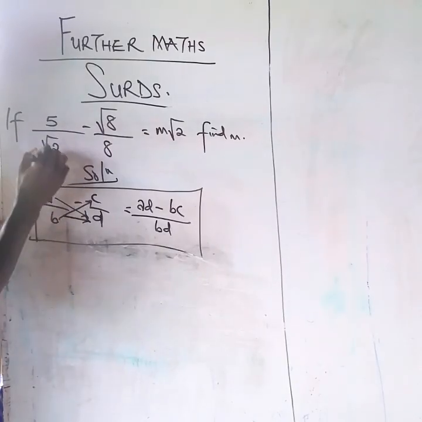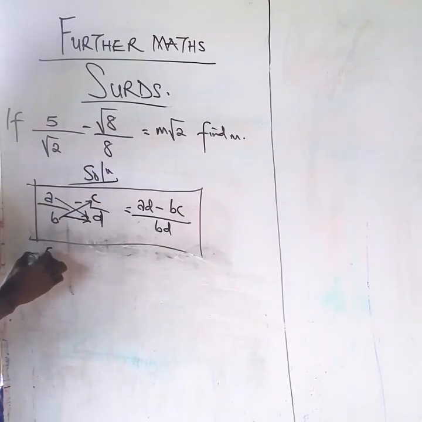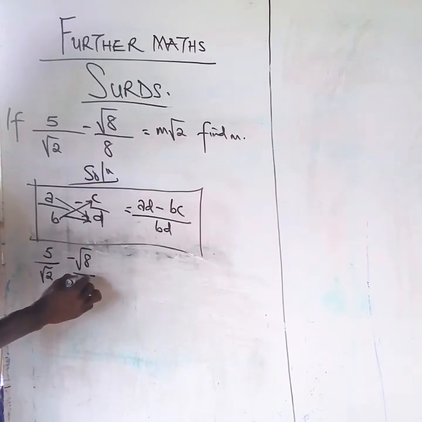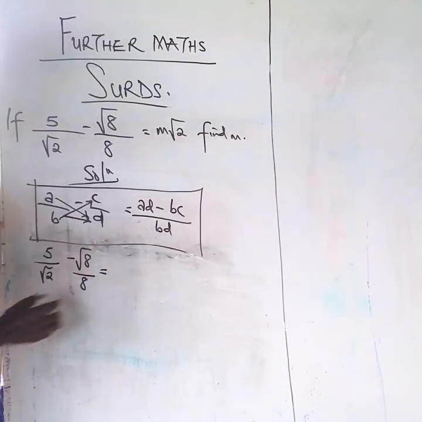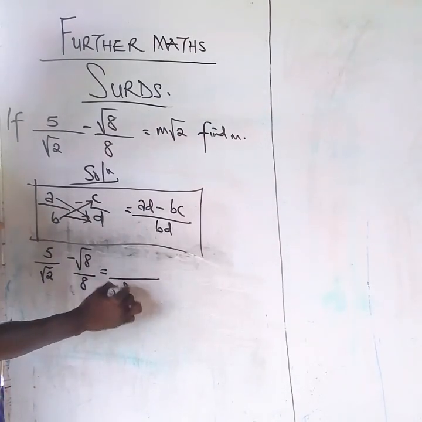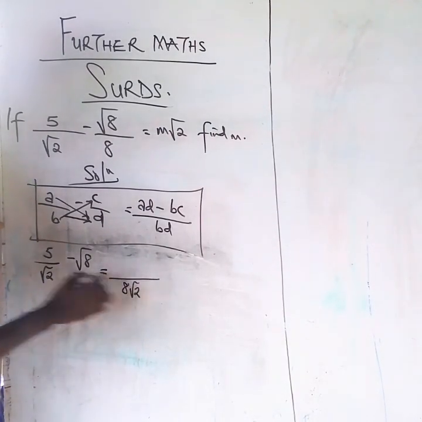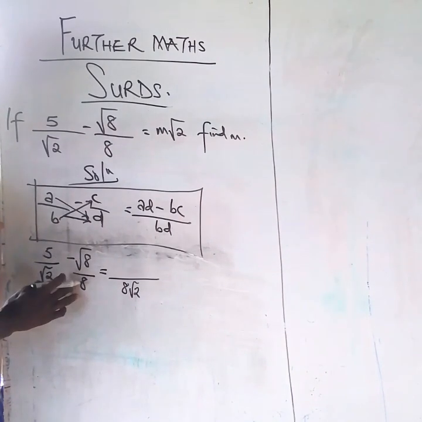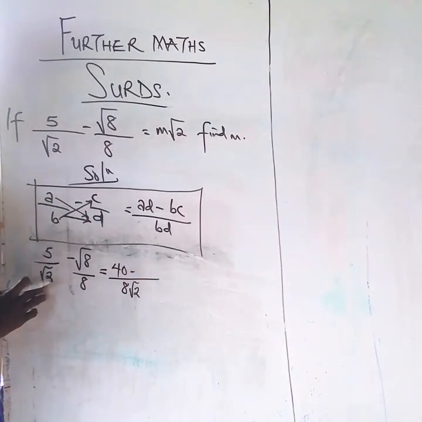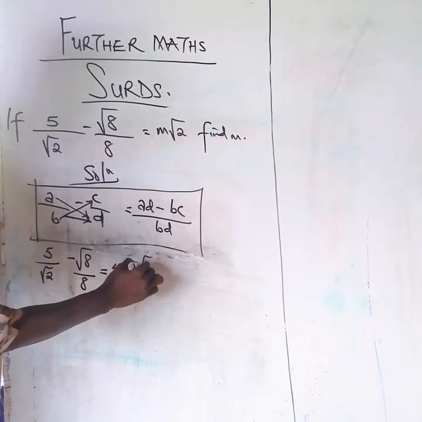So if I have this 5 over root 2 minus root 8 over 8, the first thing I'm going to do is to get my LCM. Root 2 times 8 is 8 root 2. 5 times 8 is 40 minus root 2 times root 8 gives you root 16.